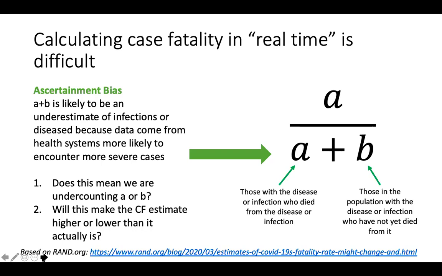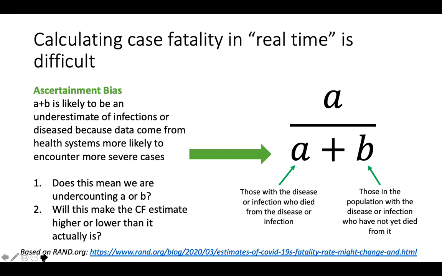What that means from a case fatality perspective is that our denominator includes only those who are being tested for COVID-19. That tends to be people who are seeking medical care, and those who are seeking medical care are those likely to have symptoms or to have more severe stages of the disease. That's what ascertainment bias is. And what does that mean? Are we undercounting A or B?